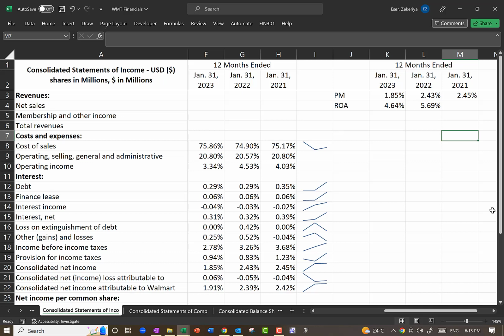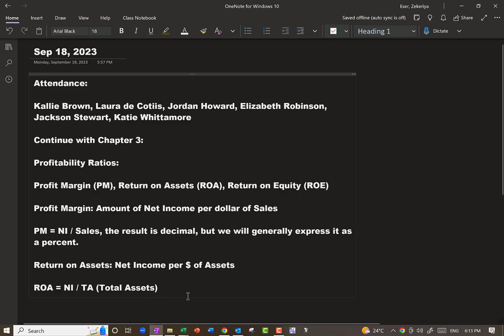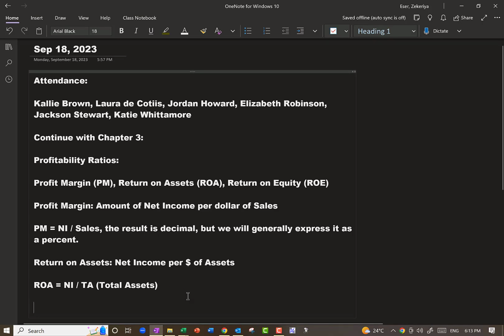There's a reason ROA is higher than PM. Let's think about this equation for ROA. I'm going to creatively multiply this equation by 1, okay? So net income divided by total assets, I'm going to multiply it by sales over sales.